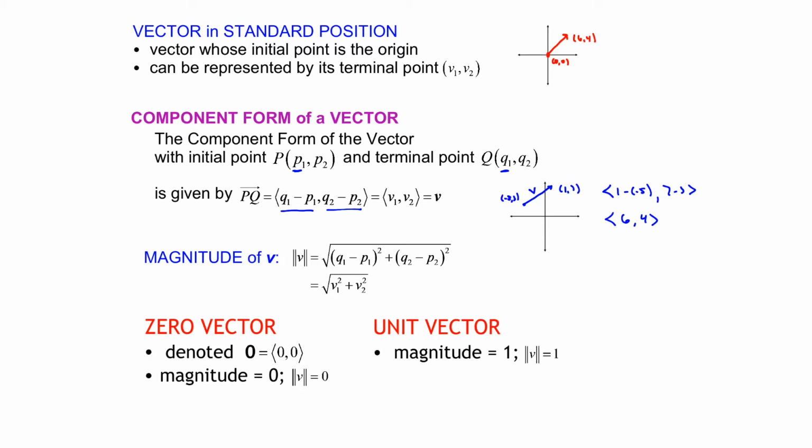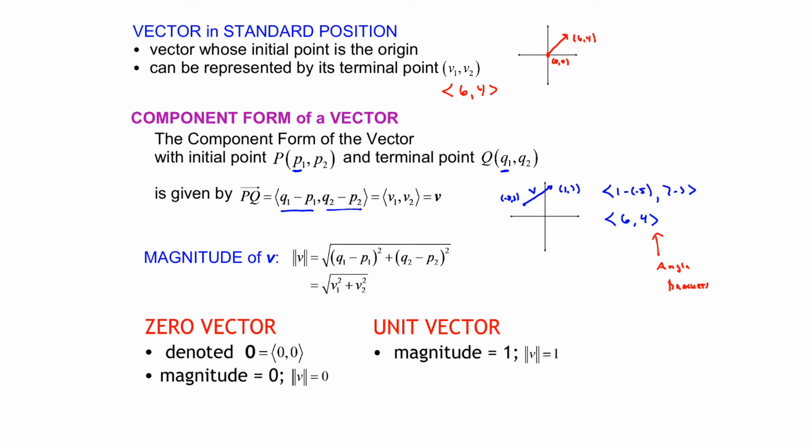You can see that I'm writing this with these pointed brackets called angle brackets. This is what we use to write vectors. This one up here in standard position would also have had the terminal point that we said was 6, 4. Because they were equal vectors, they should have the same component form when we subtract.